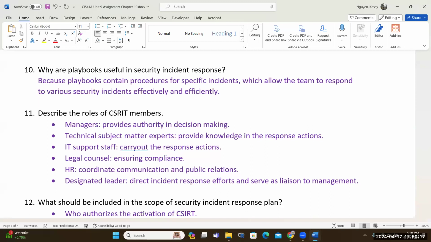Technical subject matter experts. In the larger corporations, you see these PhDs and people who are well experienced in some area. So for example, there might be a security engineer that specializes in malware, right?